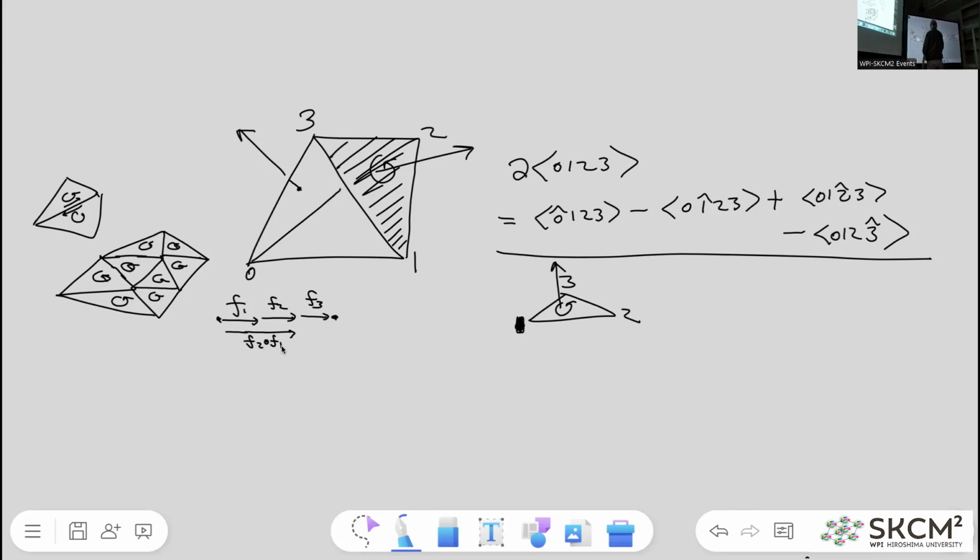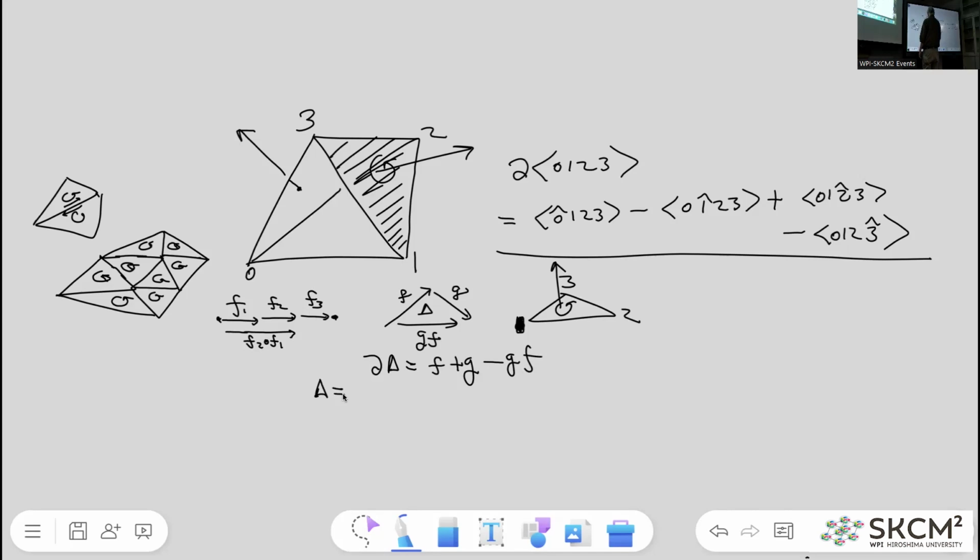So we saw it in the simplest case, where I had F and G and GF. And we could call this simplex delta. And the boundary of delta should be equal to F plus G minus GF. But I want delta to be equal to this possible composition FG, right?